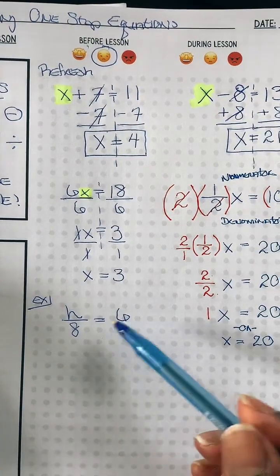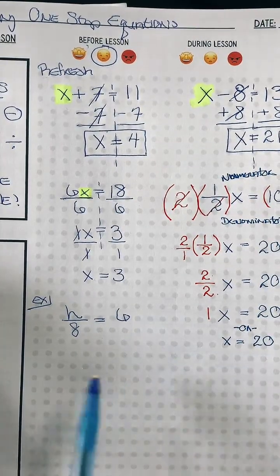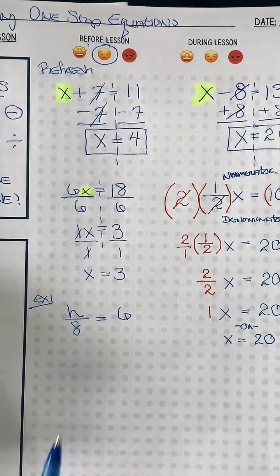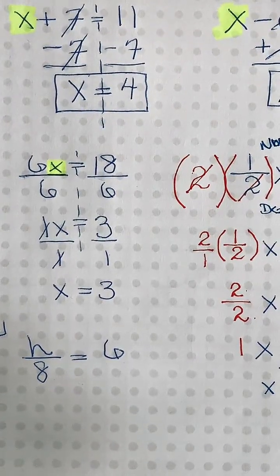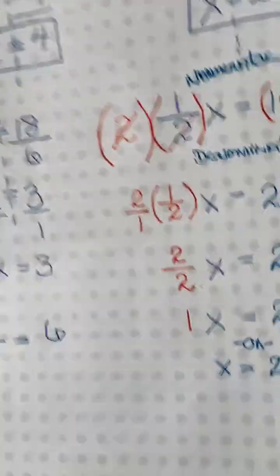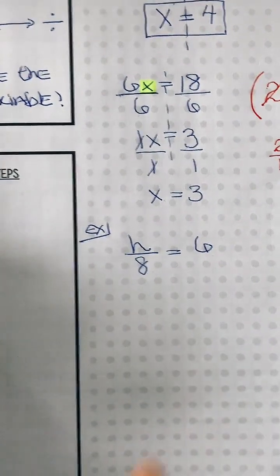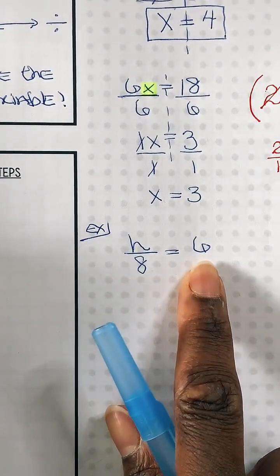All right. So we have h divided by 8 equals 6. Sometimes you may see it set up like this. Let me enlarge it a little bit. We want to know what number divided by 8 is going to give me 6.